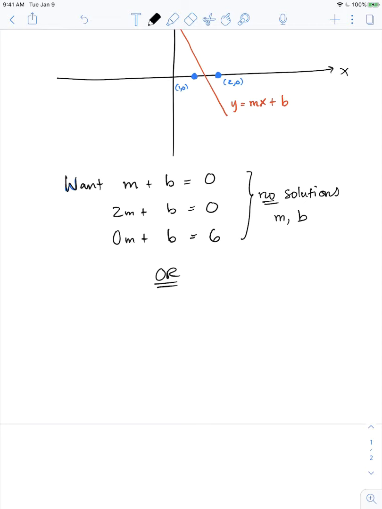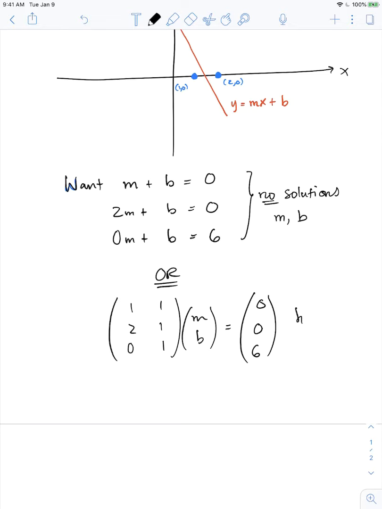If this were Math 206, you guys would express that system of equations and its lack of solutions as something like the matrix [1, 1; 2, 1; 0, 1]... actually 1, 2, 0, 1, 1, 1 times vector (m, b), coming out to answer (0, 0, 6), has no solutions. And if you were to investigate that question in a Math 206 way, you would find out it has no solutions.